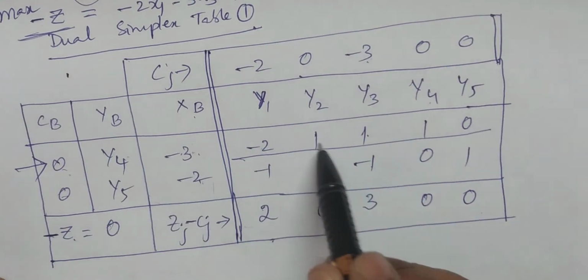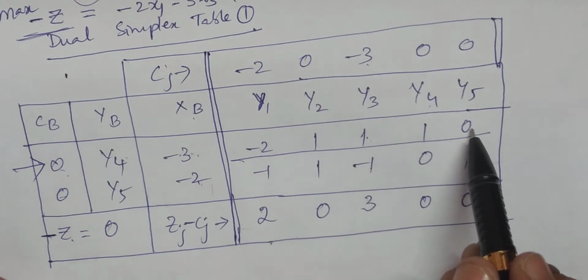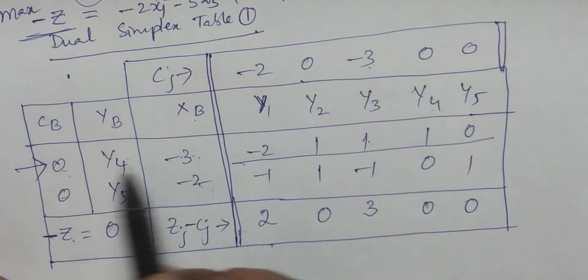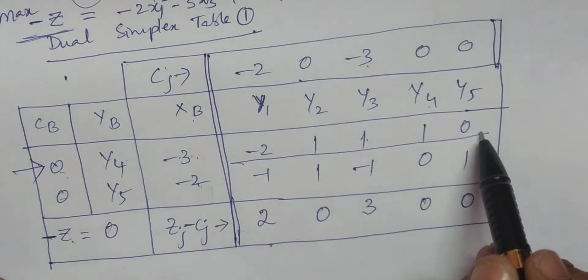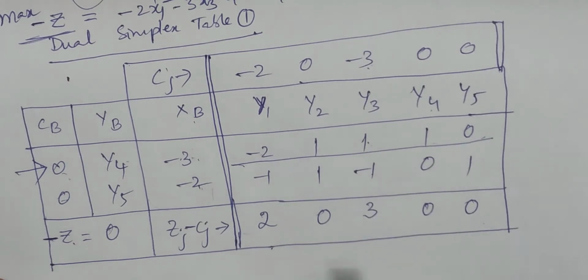So therefore -2, 1, 1, 1, 0. These are the elements to be considered, which are ykj. So y4j, that is k is 4, right? Whatever it is, you consider all the elements corresponding to the vector y4. Now you see the net evaluations.